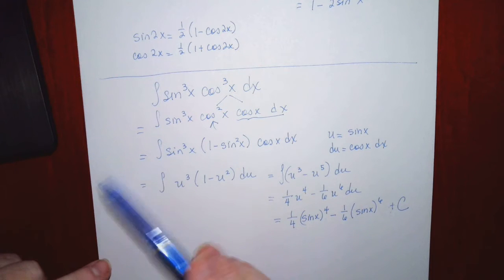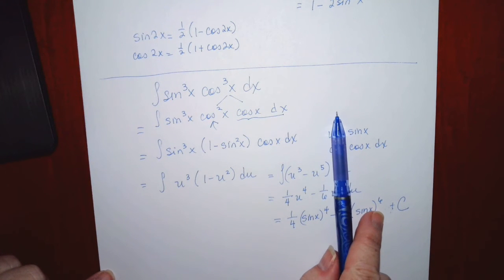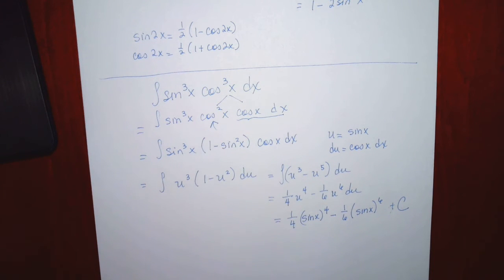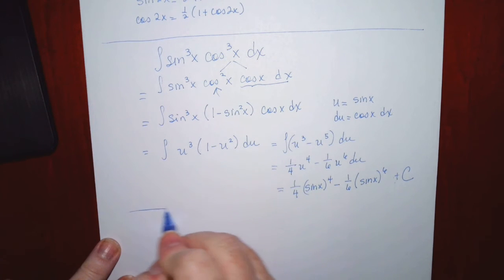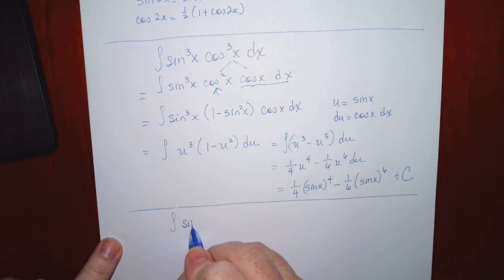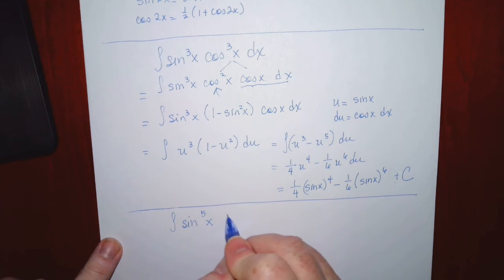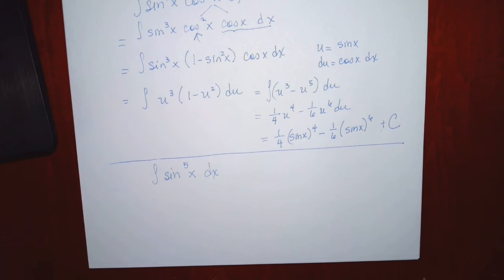So if we have either sine or cosine raised to a positive odd power, you can pull one of those off and use the Pythagorean identity to rewrite the others in terms of the opposite trig function. So what if we had something like sine to the fifth of x dx.